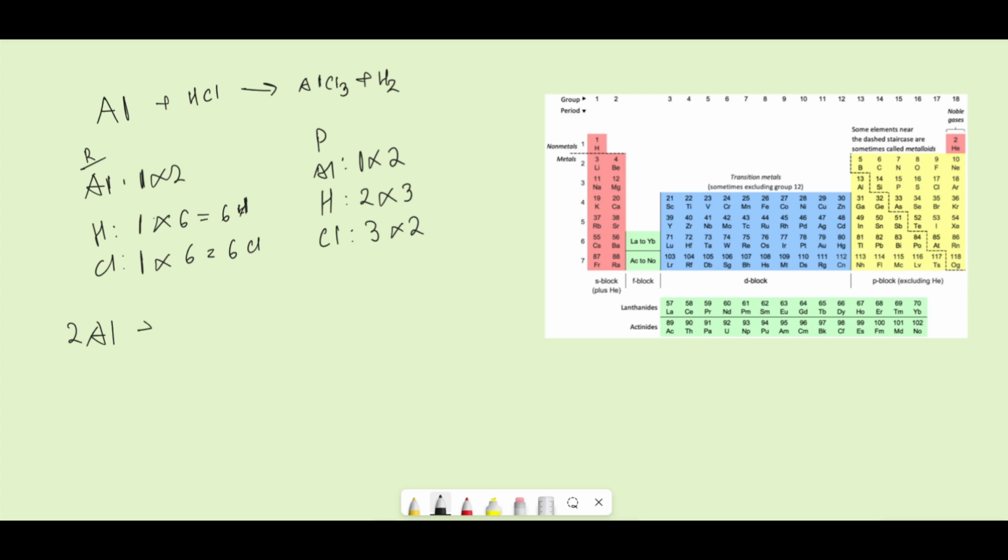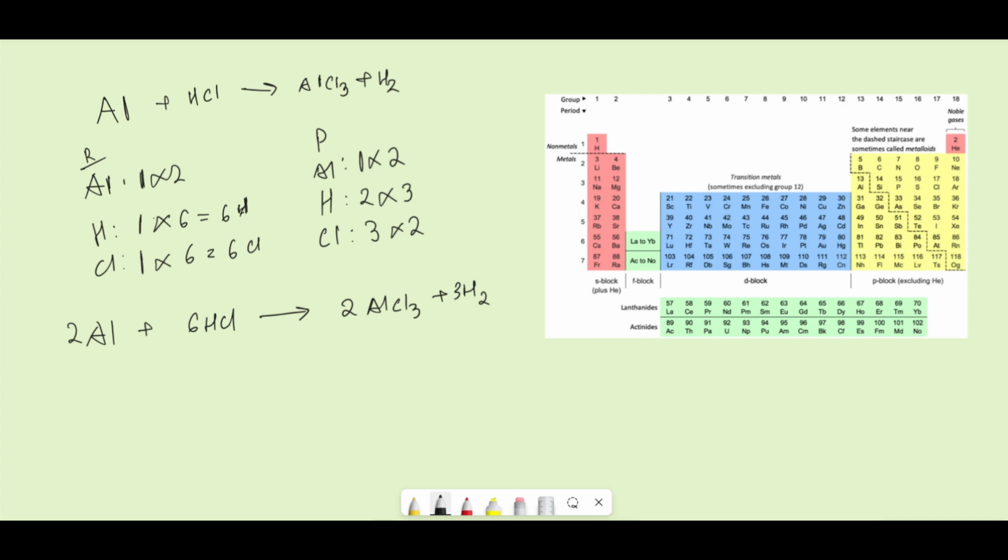You have 2 aluminum plus 6 HCl, which equals 2 AlCl3 plus 3H2.